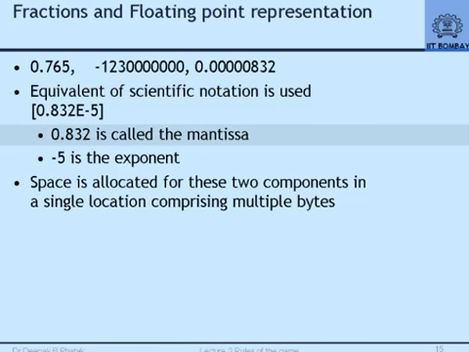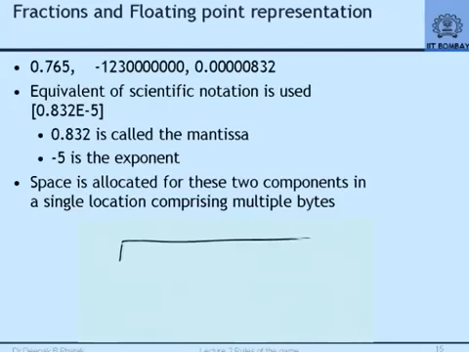These are 2 components, mantissa and exponent. Space is allocated for both these components inside consecutive bytes. For example, I have a large location. It may have 2 bytes, 4 bytes, 8 bytes, I don't care right now. But a few of the bits will be reserved for storing the mantissa and a few for storing the exponent.